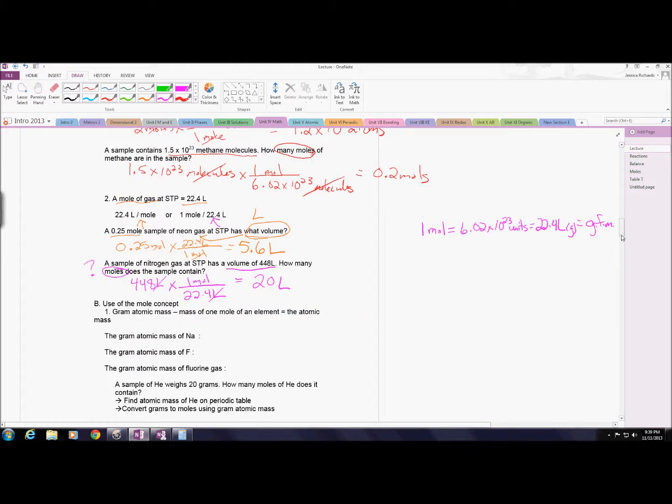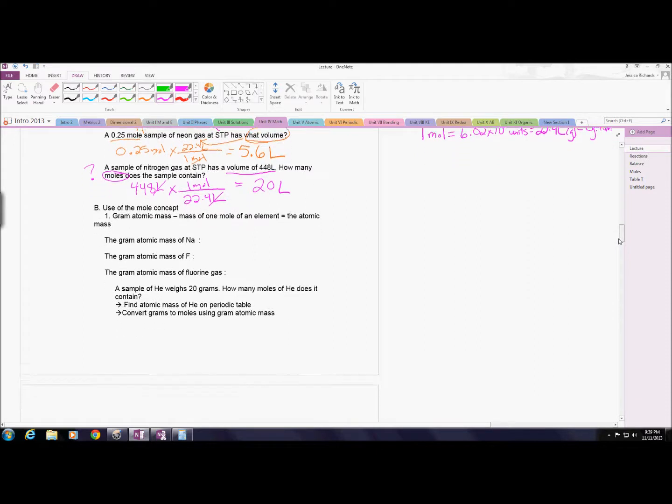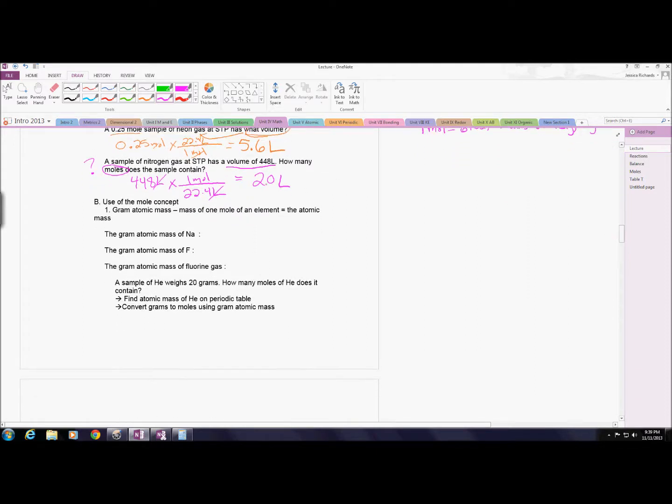All right, so if we look at gram formula mass, we are going to add up the atomic masses. So on your periodic table, in the upper left-hand square, there is a weighted average. That's the atomic mass. I want you to round it to a whole number.